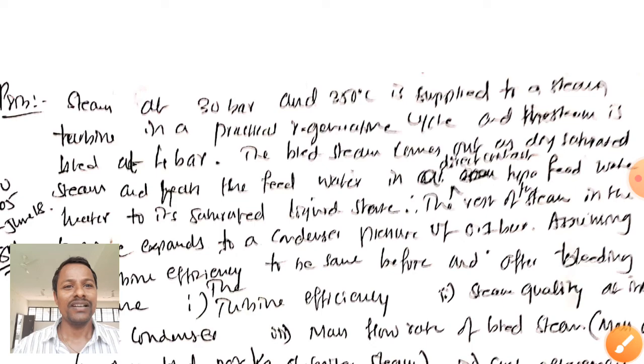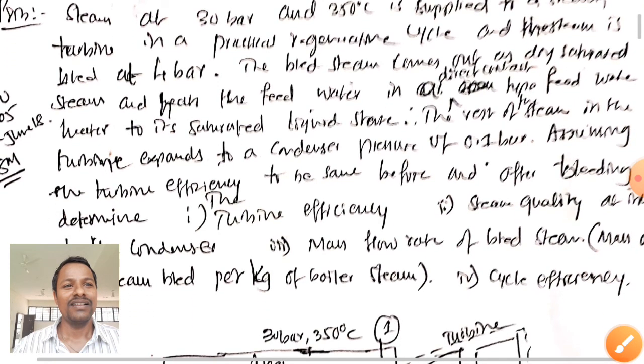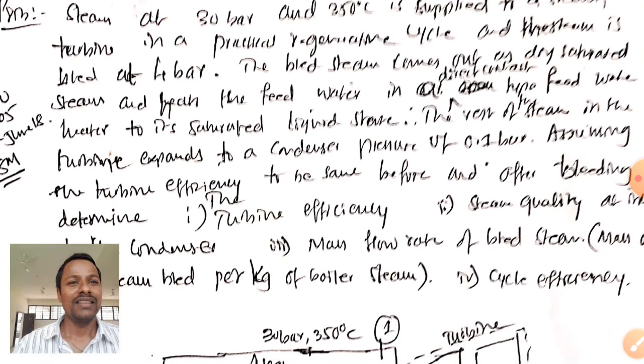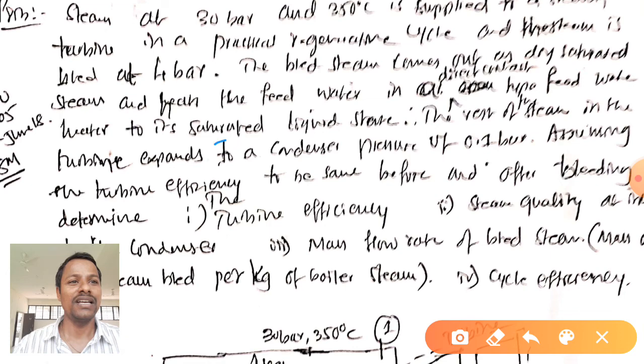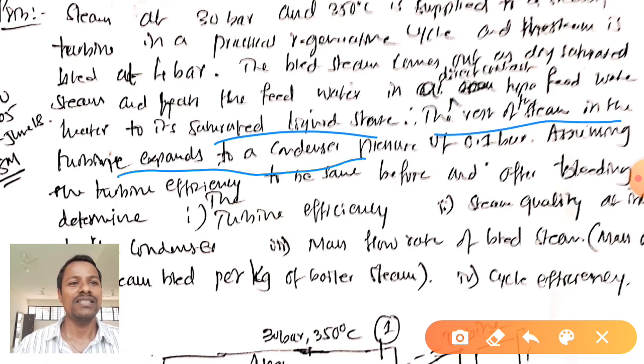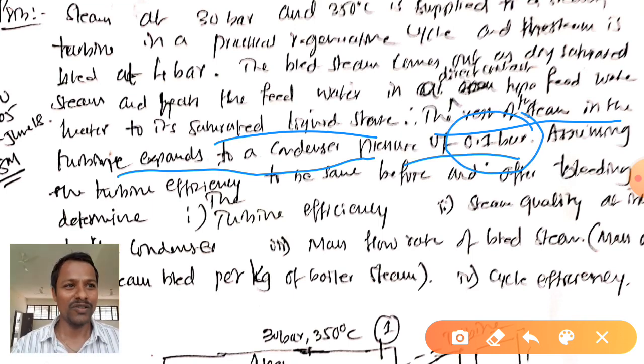The fluid after the feed water heater comes out as a saturated liquid state. The rest of the steam in the turbine expands to a condenser pressure of 0.1 bar. So, he has given the condenser pressure 0.1 bar.